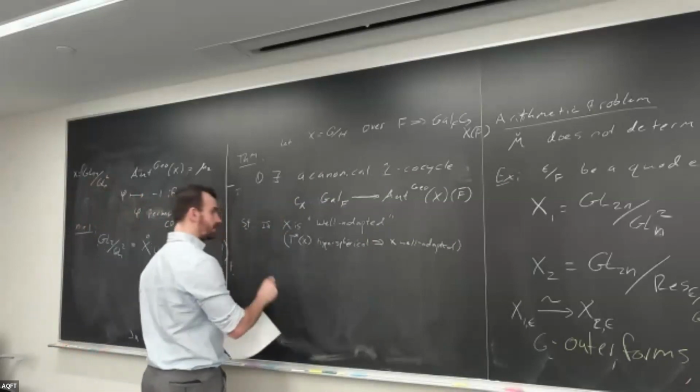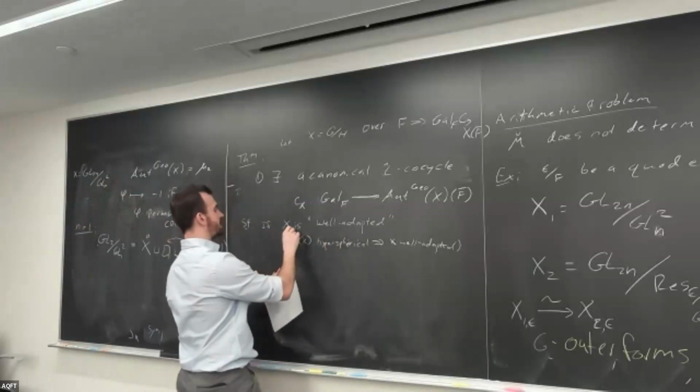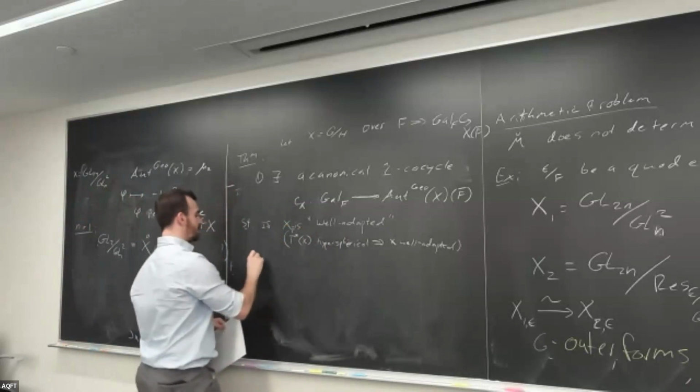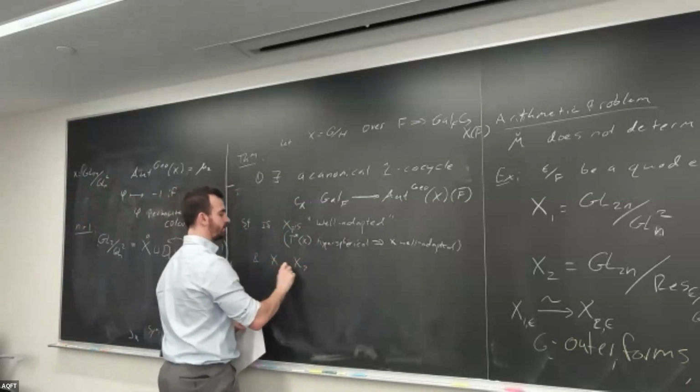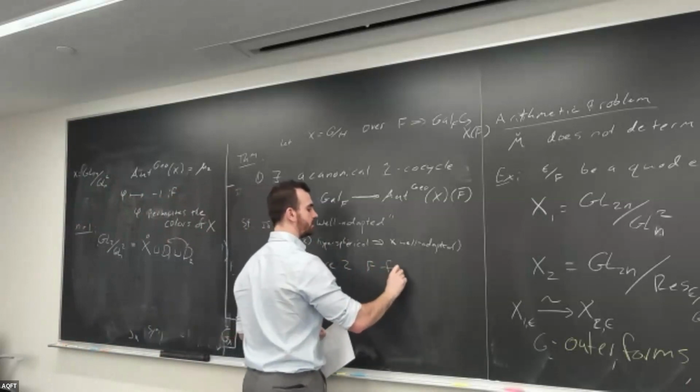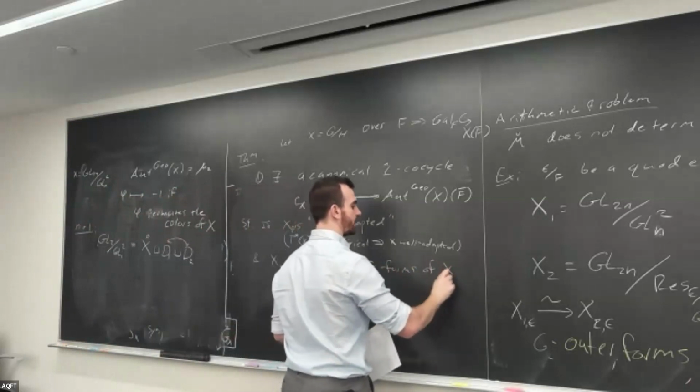So what's the statement then? Let's say X is well adapted. This is a geometric constraint, so I'll say it's well adapted over the algebraic closure. And X1, X2 are two F-forms of this variety.